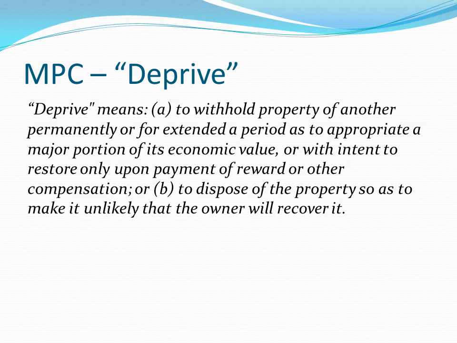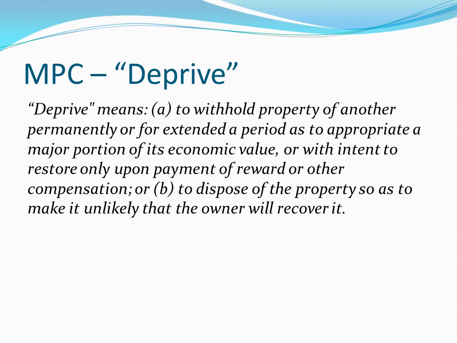And as you can see here, there are basically two ways that a thief can deprive an owner of his or her property. One is what we normally think of, which is you withhold the property of that person either permanently or for such an extended period of time that it basically loses a major portion of its economic value, as the Model Penal Code says.